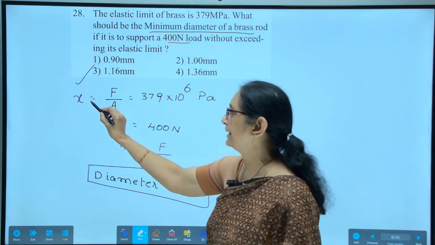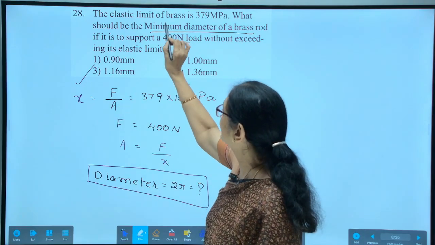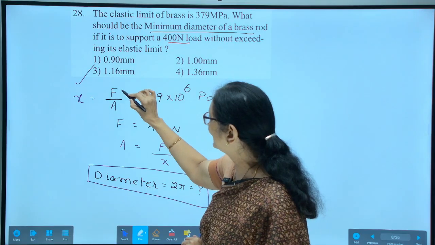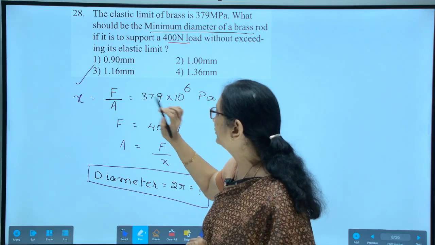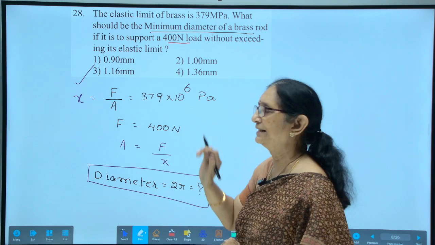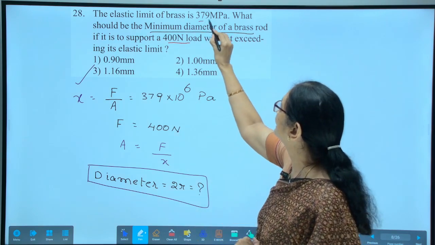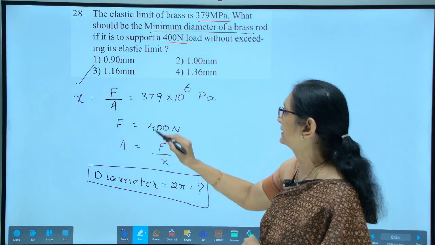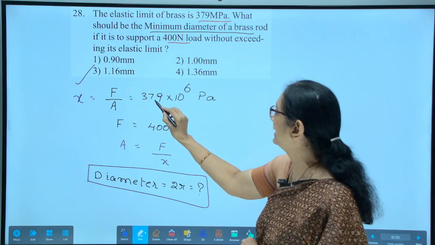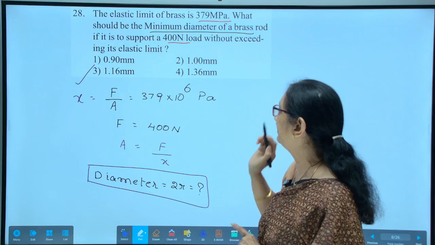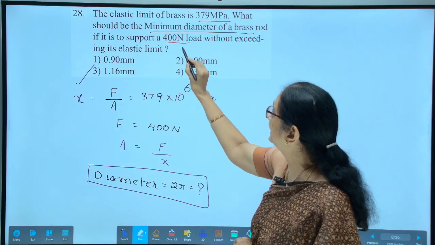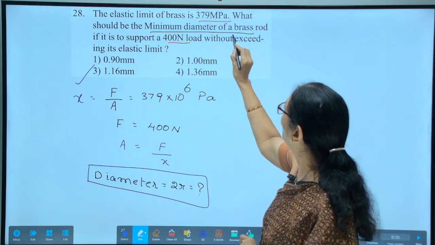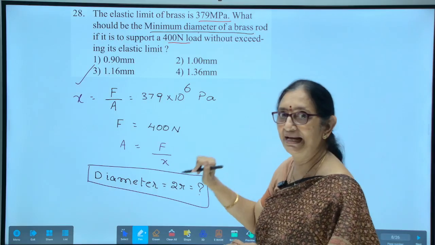Let us represent the breaking stress of brass with the letter X. X is equal to maximum force it can withstand per unit area of cross section, that is given as 379 megapascals. Mega means 10 to the power of 6. So X is given as 379 into 10 power 6. It has to withstand a force of 400 Newton. So what is the minimum diameter?